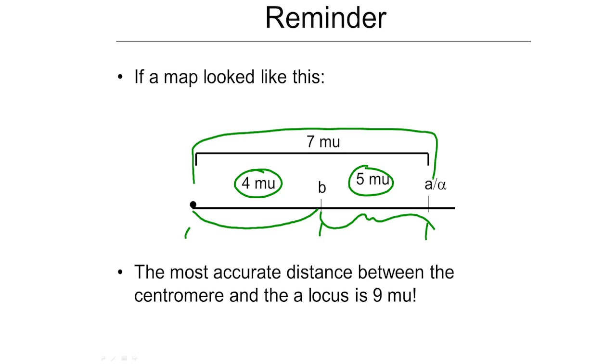It's because you're missing out on some of the crossovers, because sometimes there are the other type of double crossovers that regenerate the parentals. Bottom line is, always use the smaller distances if you want accuracy. So the more accurate map distance between the centromere and the A alpha locus, if you have all this information, is definitely 9 map units, even though that's more than the 7. Remember, your calculation is almost always an underestimate of the true distance. So don't forget to keep that principle in play regardless of how you're building a map.